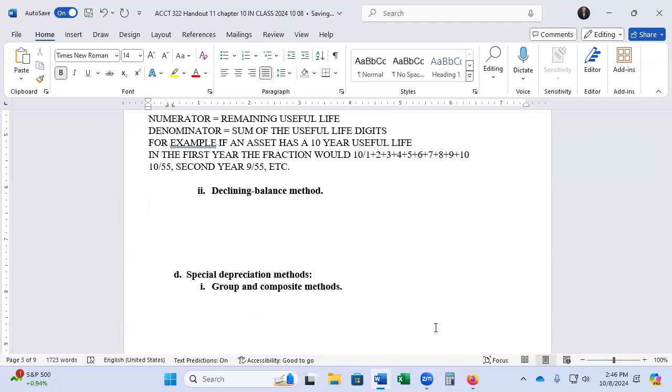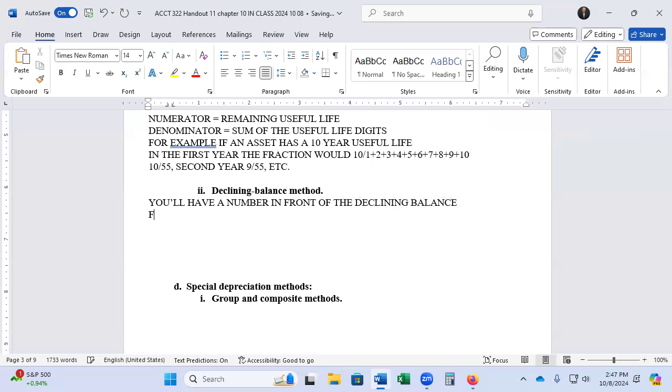Declining balance method. So what you're going to get usually is some number in front of it, like double declining balance, triple declining balance.